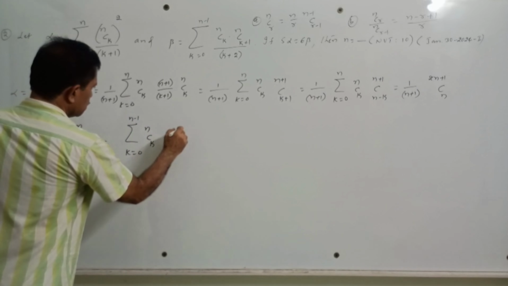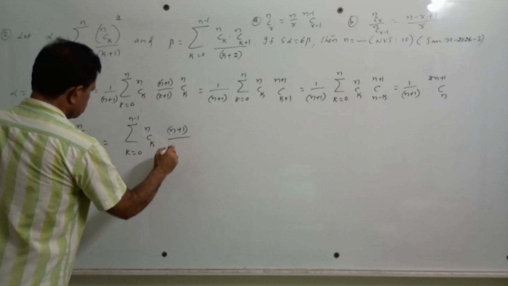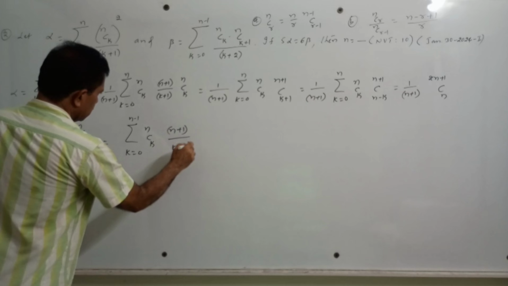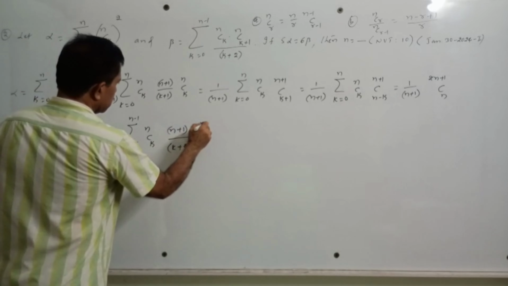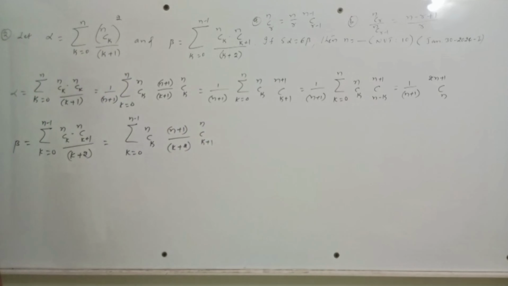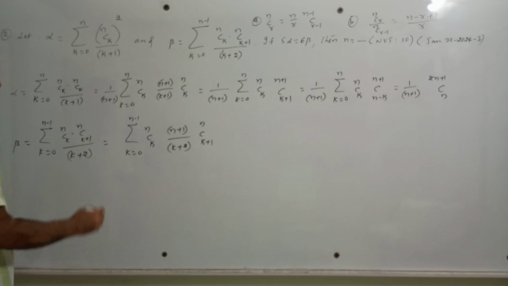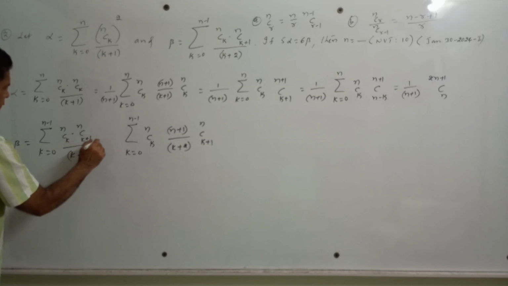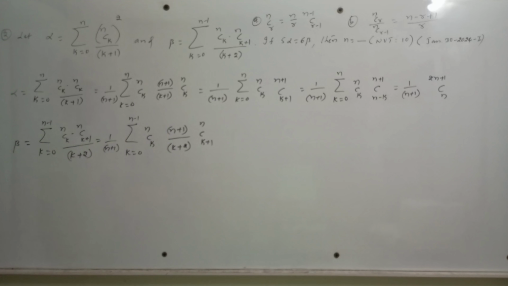I am multiplying the numerator with n plus 1. In the denominator let us write k plus 2. The binomial coefficient we have is nC(k plus 1). So I took n plus 1 as an extra factor in the numerator, and I am taking n plus 1 in the denominator.